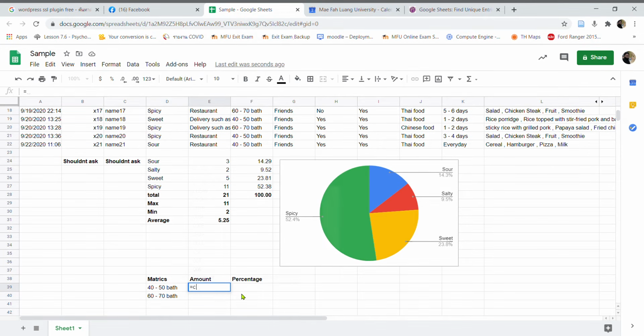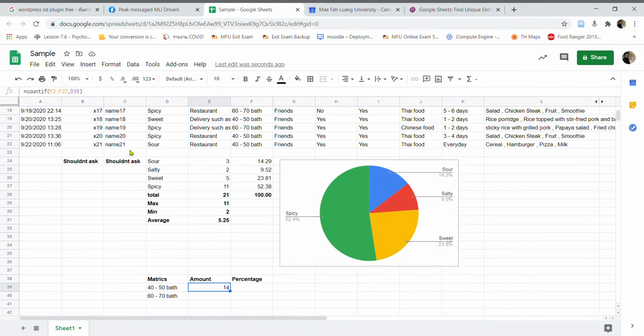Equal to COUNTIF, starting by defining the range. It's again the same, F2 to F22. And the value they're going to compare is this one. Then you can see that 14 fall into this first category.